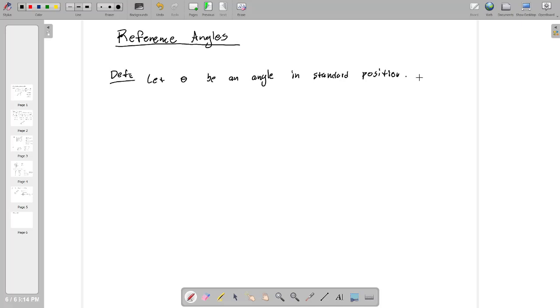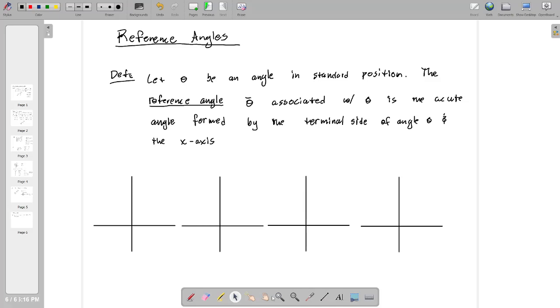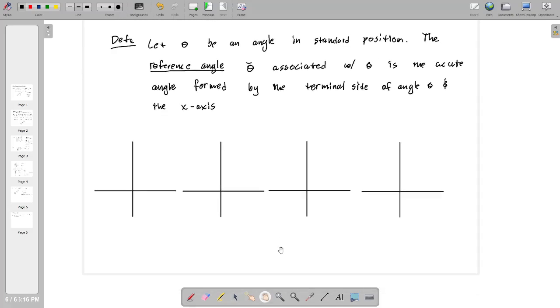Let theta be an angle in standard position. The reference angle theta bar associated with angle theta is the acute angle formed from the terminal side of angle theta and the x-axis. So what this looks like is exactly the same as the reference number. Each quadrant will have a different way of finding the reference angle. So if we're in quadrant 1, that means that our terminal side is in quadrant 1.